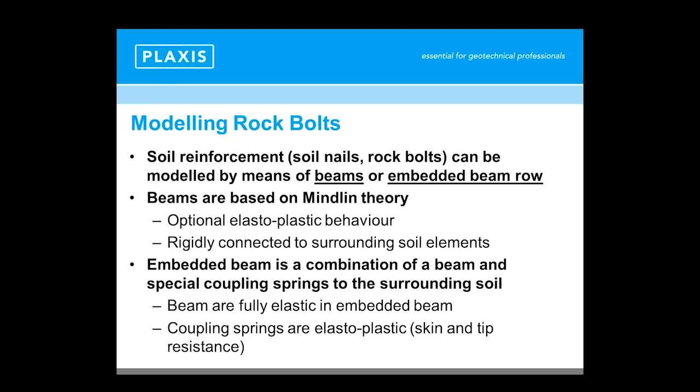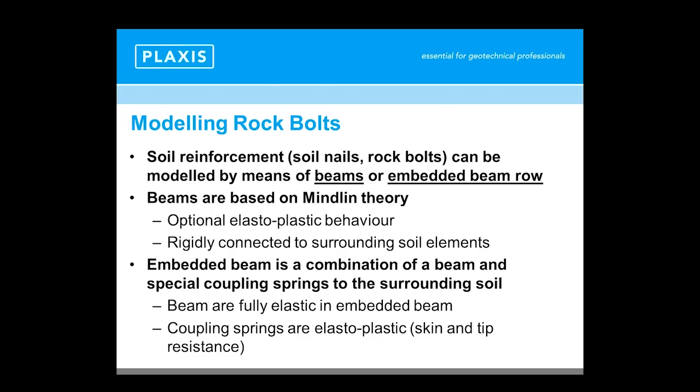So soil reinforcements, like soil nails or rock bolts, can be modeled by means of beams or embedded beams. Beams are based on Mindlin theory. So what we do is that we are considering linear elements which can support normal action, bending moment, and transverse shear.